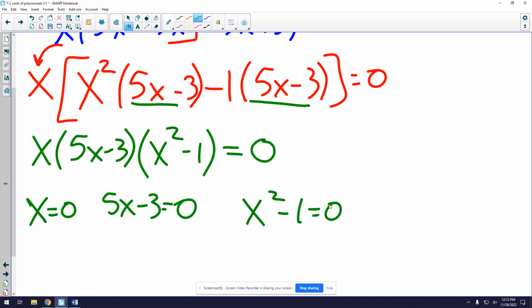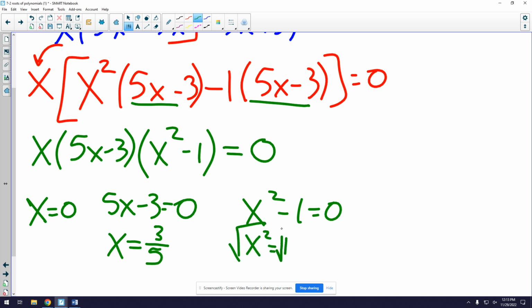X equals 0. So x equals 0. The next one, I'm going to switch the sign of the constant and then divide by my coefficient. So it becomes a positive 3 divided by 5. Now your last one, if you have x squared minus 1 equals 0, then that means x squared equals 1. You're in a square root.